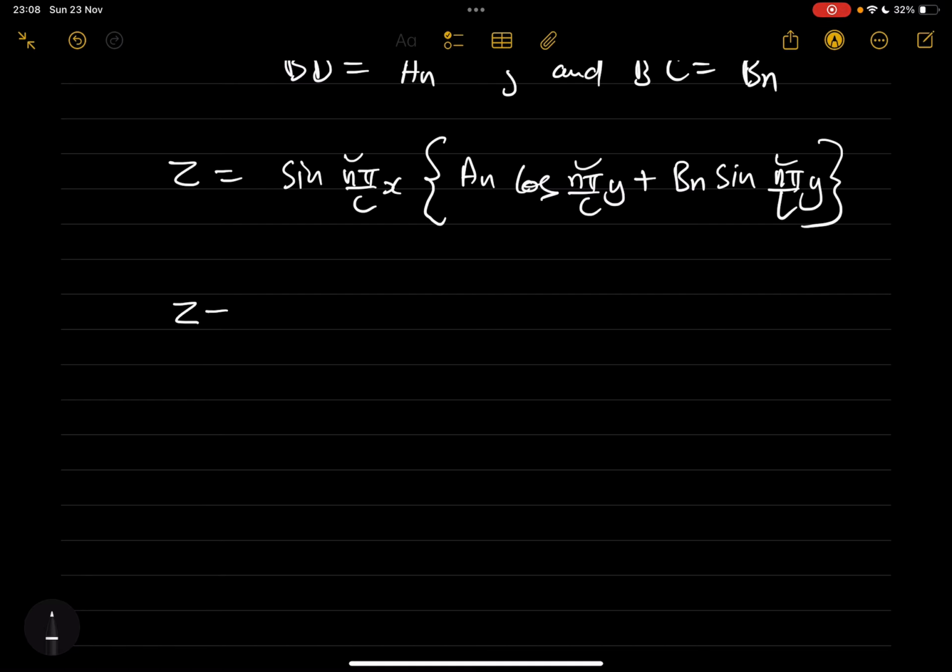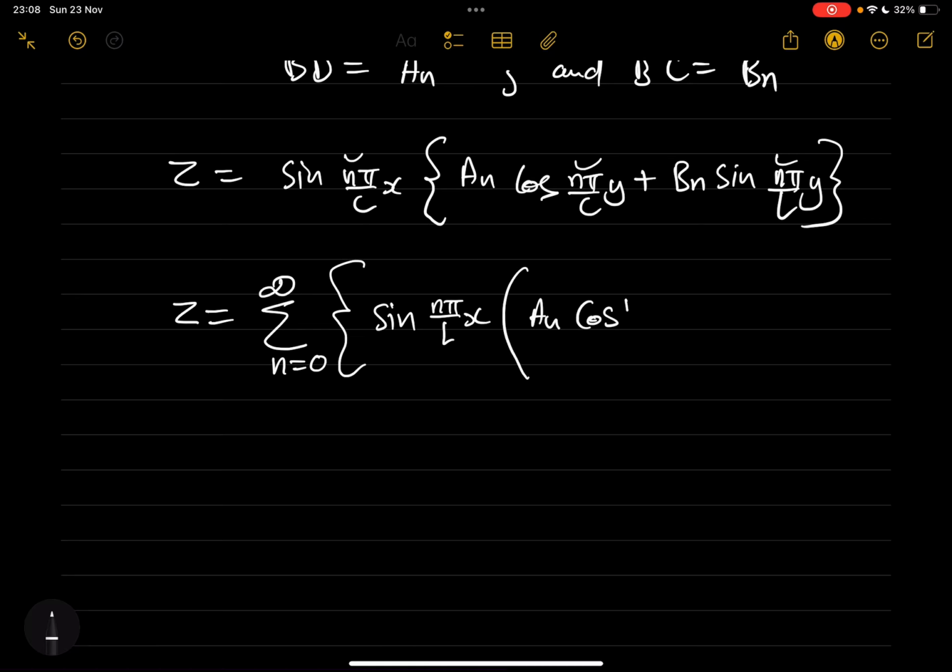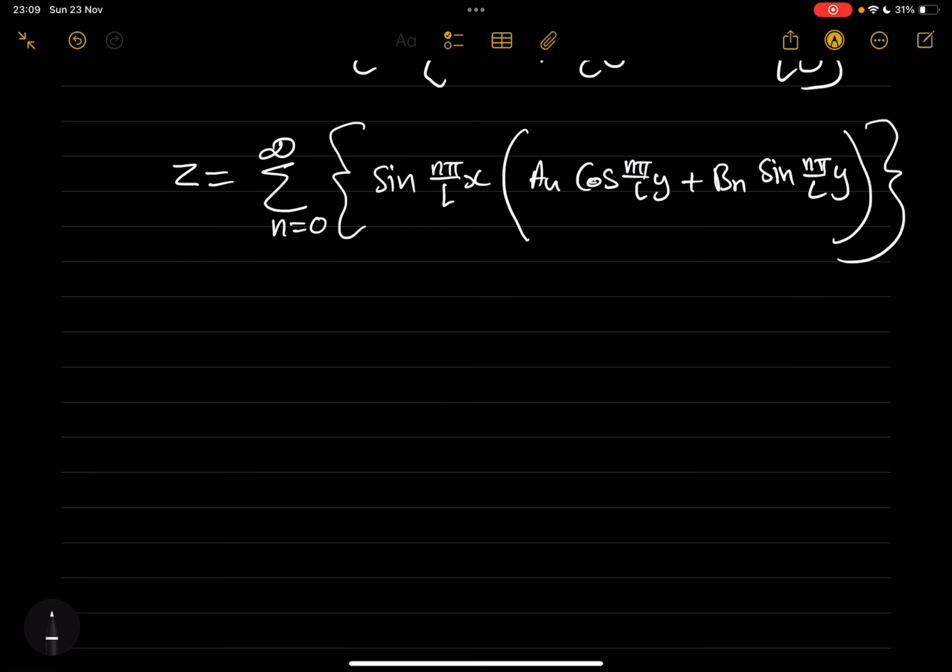So we can represent this as the summation when n is equal to 0 to infinity of sine n pi over l x, an cos n pi over l y plus bn sine n pi over l y. So we can represent this as a series.